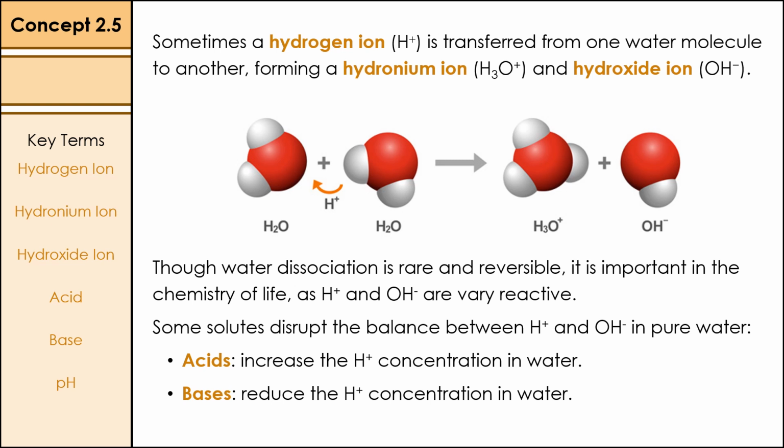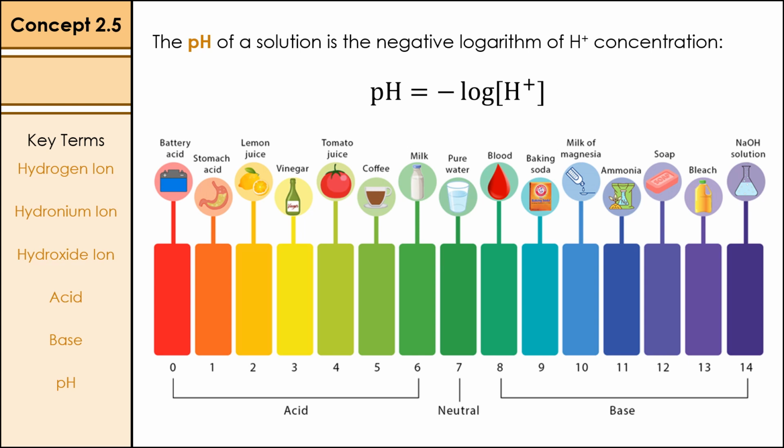Essentially, they're increasing our hydroxide ions, but we look at this specifically from the gaze of hydrogen ions, because a measure of the concentration of hydrogen ions within our solution is its pH.